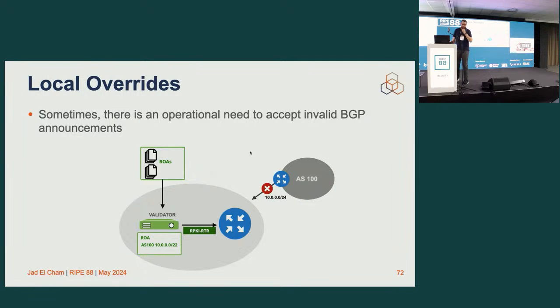Or we ask the customer to create the proper ROAs and wait. It might take, I don't know, half an hour for them to do that and for my validator to download the data and push it to the router. Or I can locally do an override. Sometimes there is this operational need where I need to create local ROAs on my validator software on a temporary basis to allow certain announcements.